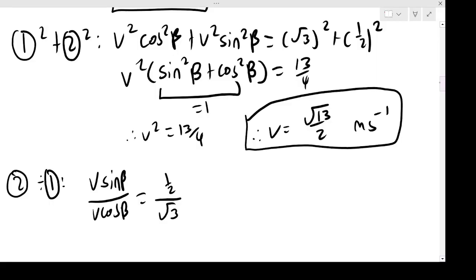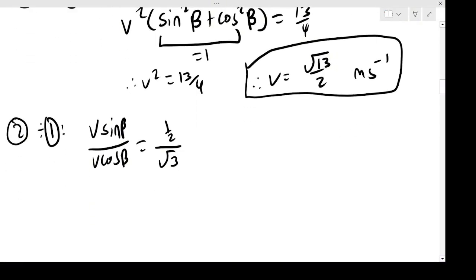Hopefully happy with that. So I can simplify this now. Now the v's cancel. So that means tan beta, because again sine over cos is tan. So tan beta, if I simplify this fraction here, so if I do a half divided by root 3, I get root 3 over 6. And so there we are.